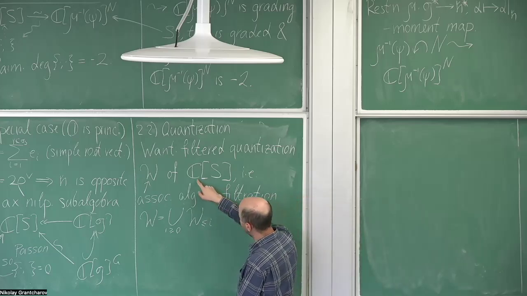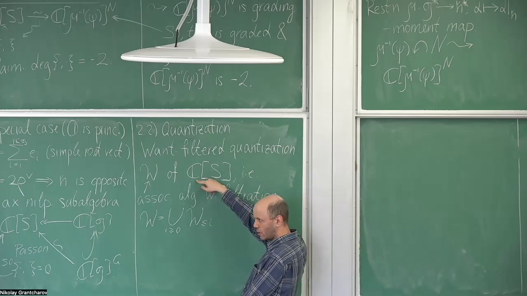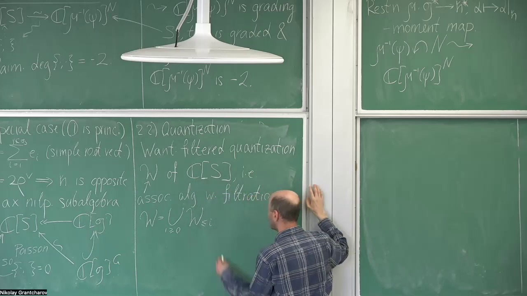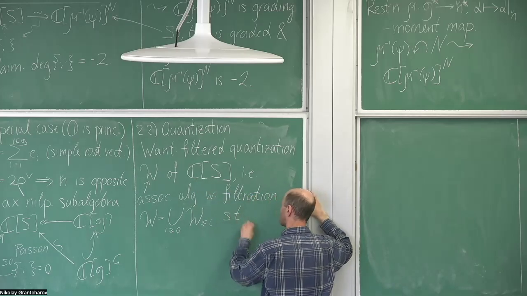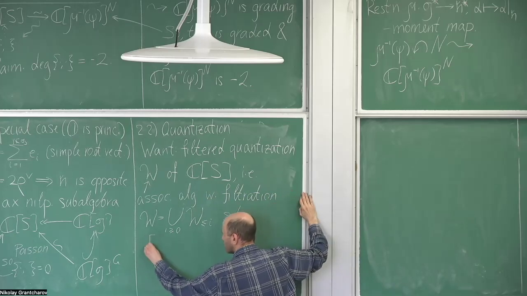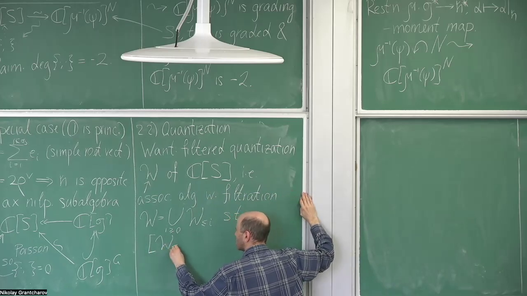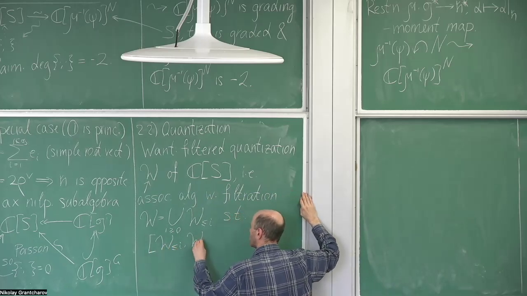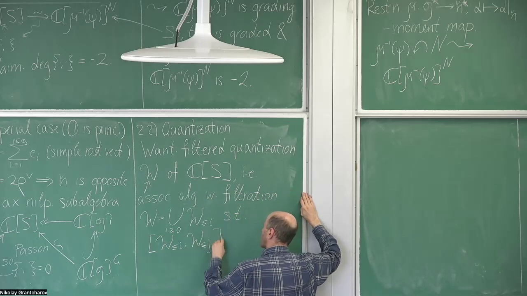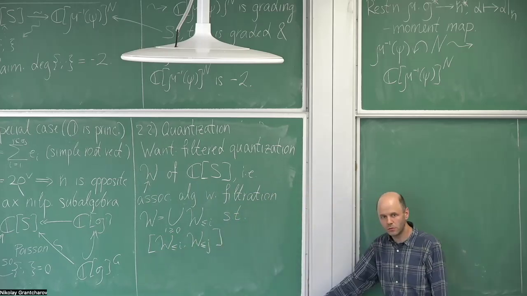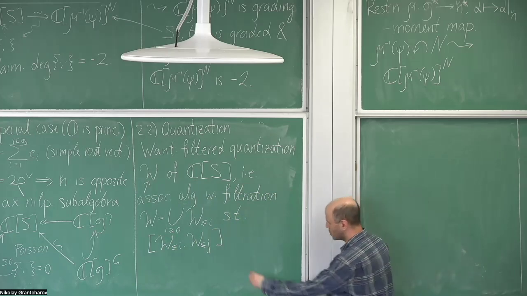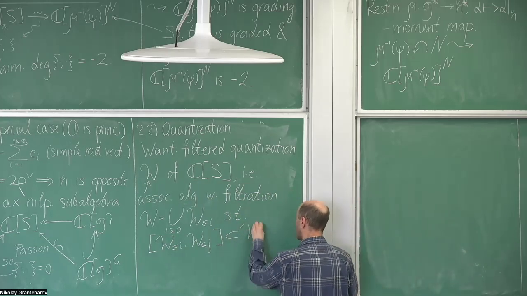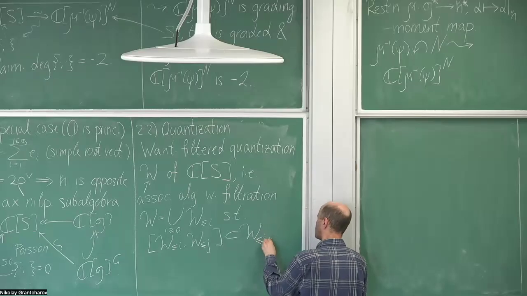The degree of the Poisson bracket is -2, and correspondingly to this, I want the filtration to satisfy the following property. I take the Lie bracket of the part less or equal than i and the part less or equal than j. I want this to land in W less or equal than i plus j minus 2.